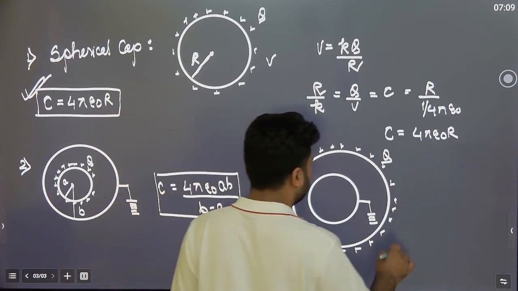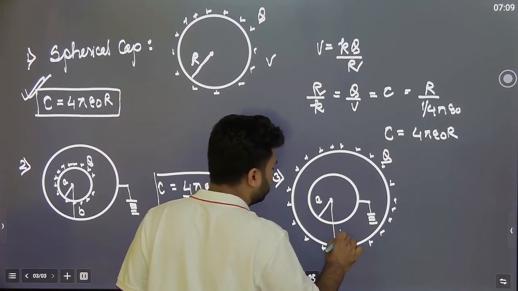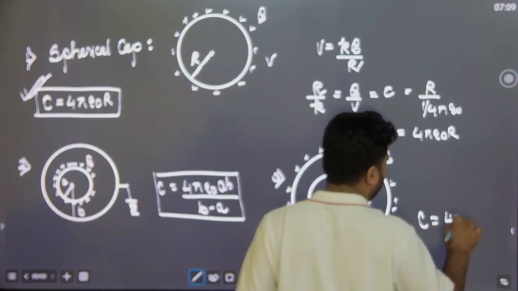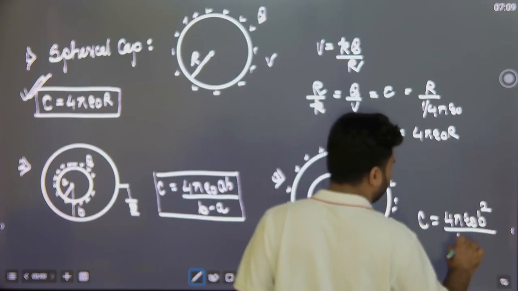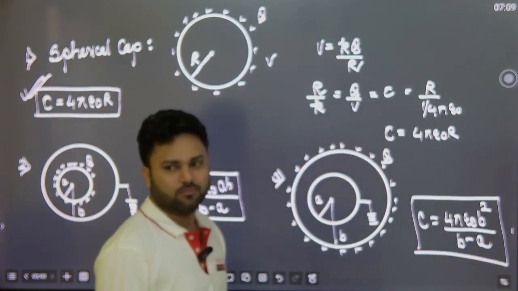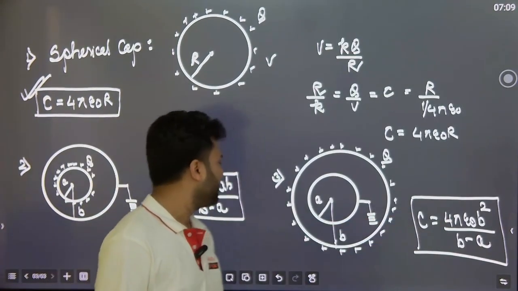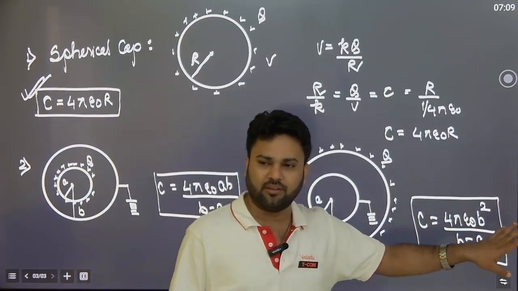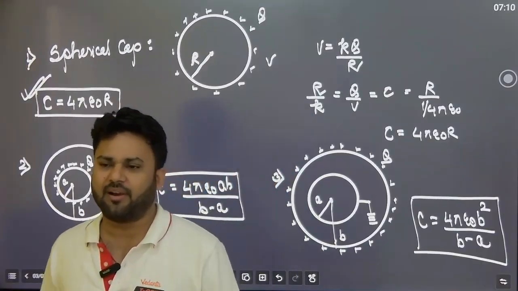This time same thing, everything same, internal radius A, external radius B. This time they ask, so you write 4 pi epsilon naught B square divided by B minus A. B means external radius. See, almost this formula and this formula is same. 4 pi epsilon naught, here also 4 pi epsilon naught. This is B minus A, B minus A. Here it is A into B, here it is B into B, B square. You can remember like this.